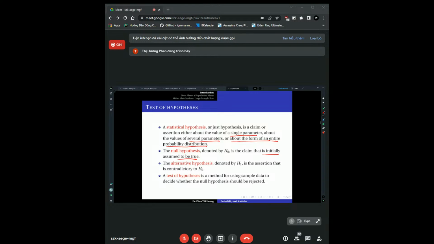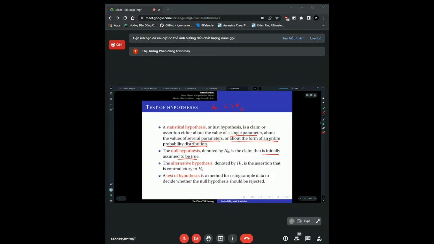Firstly, we need to assume something is true, and then we collect the information to know whether the claim we assume to be true initially, we should reject or not reject. And the alternative hypothesis, H1, is just the opposite of H0. That's all. So we have two kinds of hypotheses, H0 and H1.